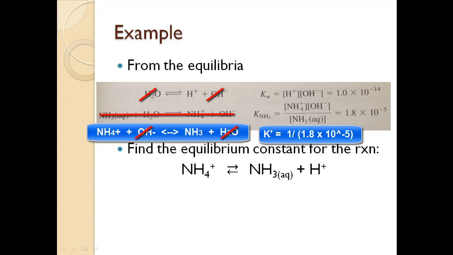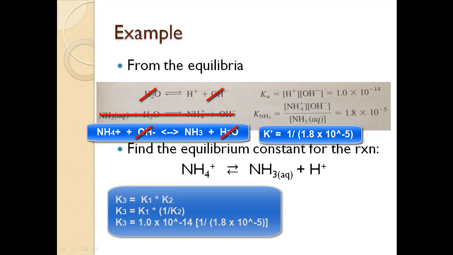So to find K3, the final equilibrium constant, it would be 1.0 times 10 to the negative 14th times the inverse of 1.8 times 10 to the negative 5th. If you do that, you should get 5.6 times 10 to the negative 10th. That is how you manipulate equilibrium constants.